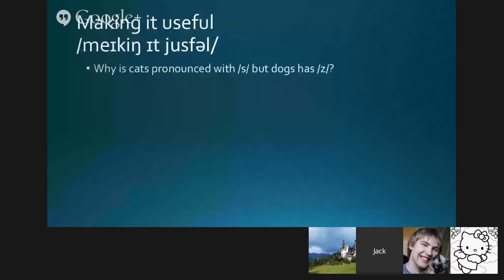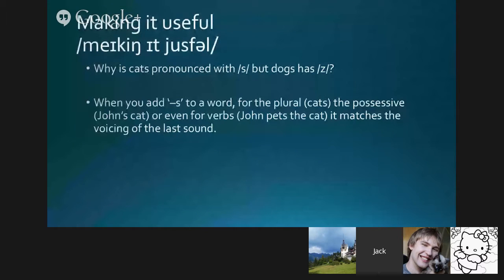So, making it useful. Like I said, we would talk about some actual features you can use this for. Why is cats pronounced with an s, but dogs with a z? This is because when you add that s to a word, whether for plural reasons, like cats, the possessive, like John's cat, or even for verbs, like John pets the cat, it always matches the voicing of the last sound.